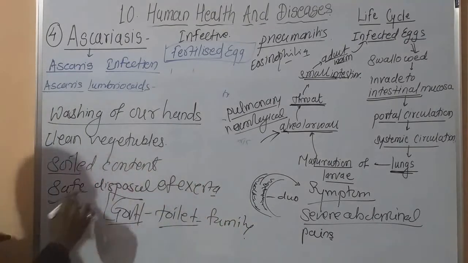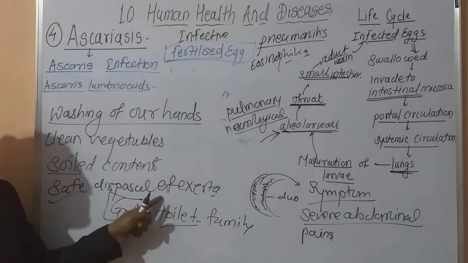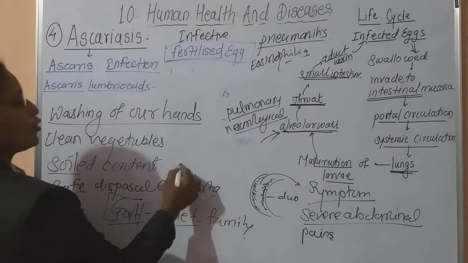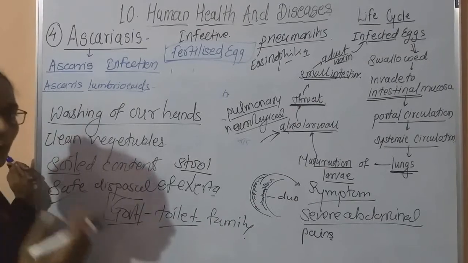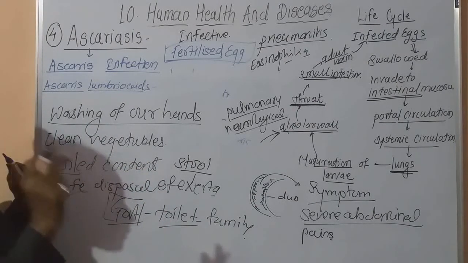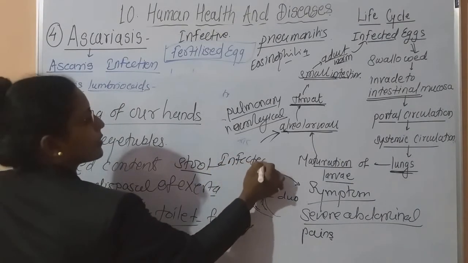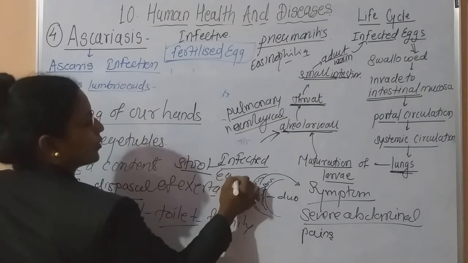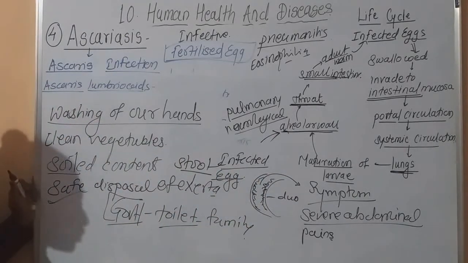Okay, for this reason, that certain diseases are transmitted through excreta. Excreta means what? That is stool. Once the person has recovered from ascariasis, still for 1 year the fecal matter or stool consists of the infected eggs. Okay, and due to this the safe disposal of excreta is very much important.